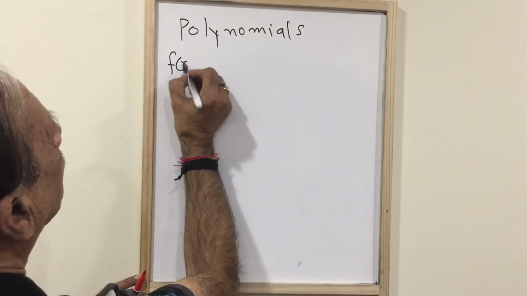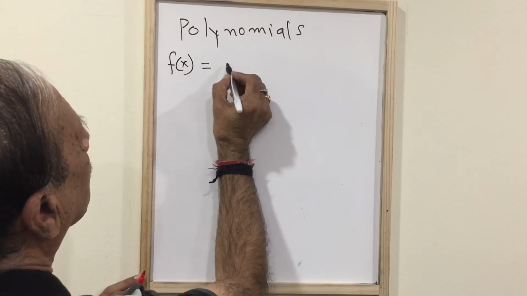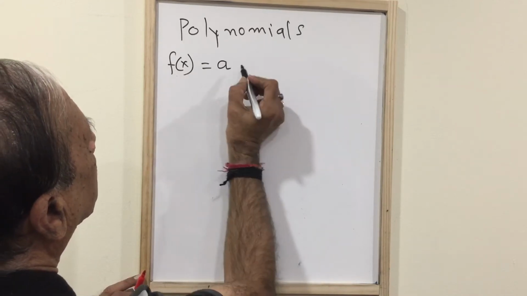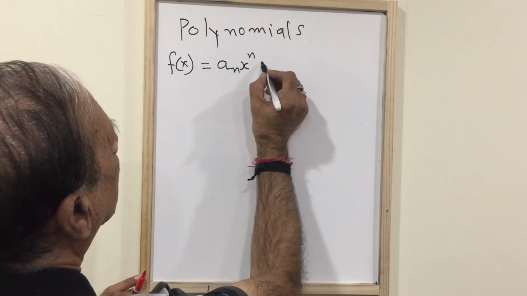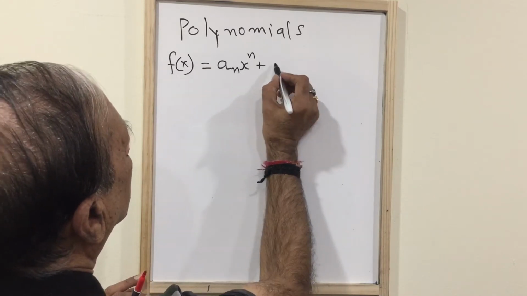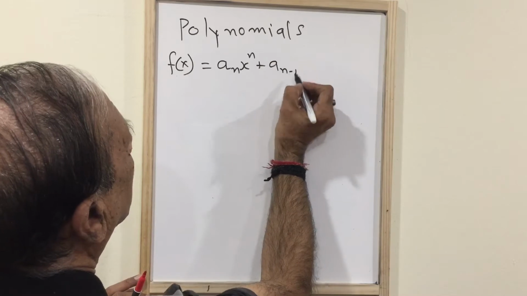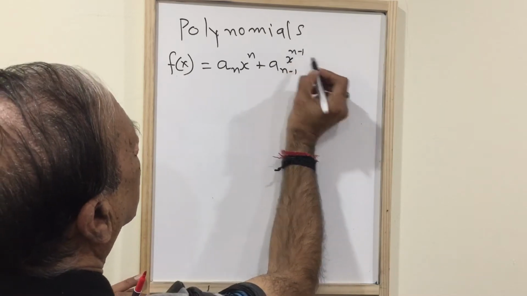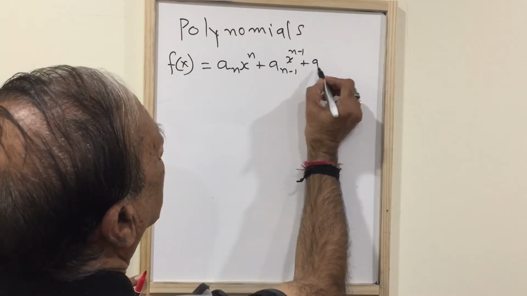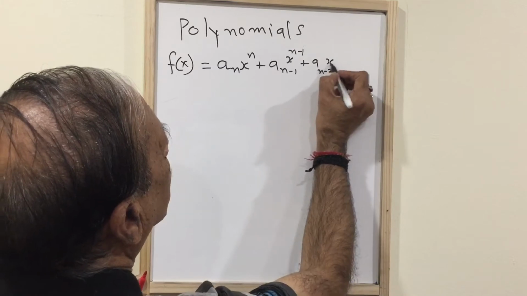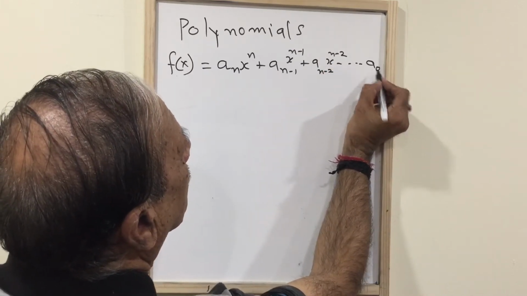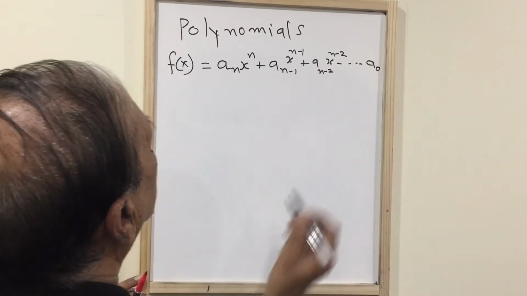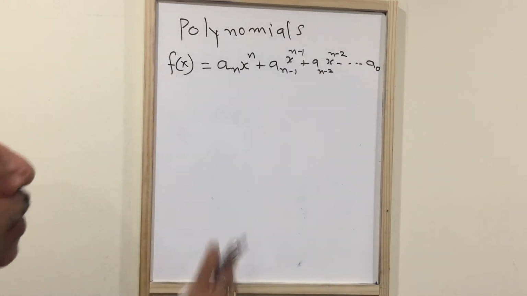It is written as f(x) = a_n x^n + a_(n-1) x^(n-1) + a_(n-2) x^(n-2) and so on up to a_0 x^0. So it is represented like this.